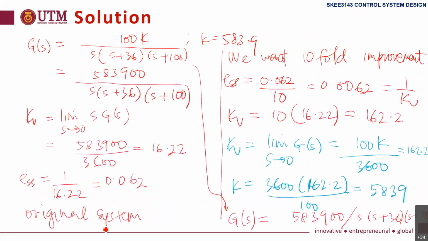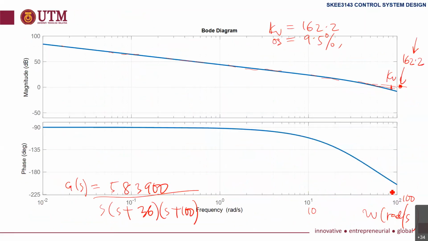But because we want to improve the error, we change K. Of course, the overshoot will now change because we use a different K. Then we have to return back to design so that we can maintain overshoot 9.5%.